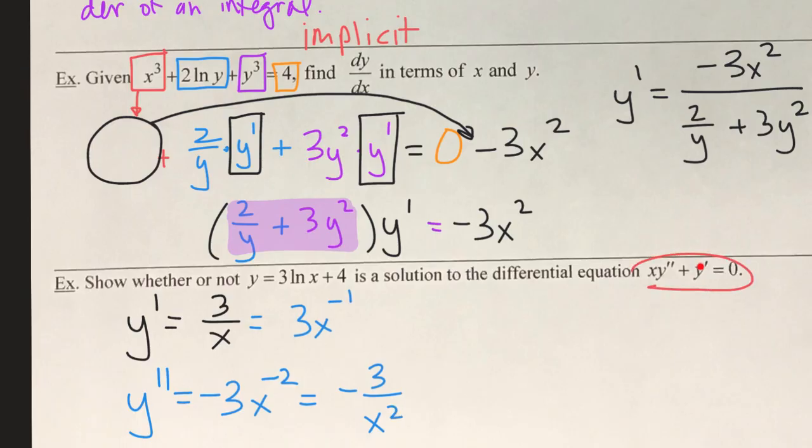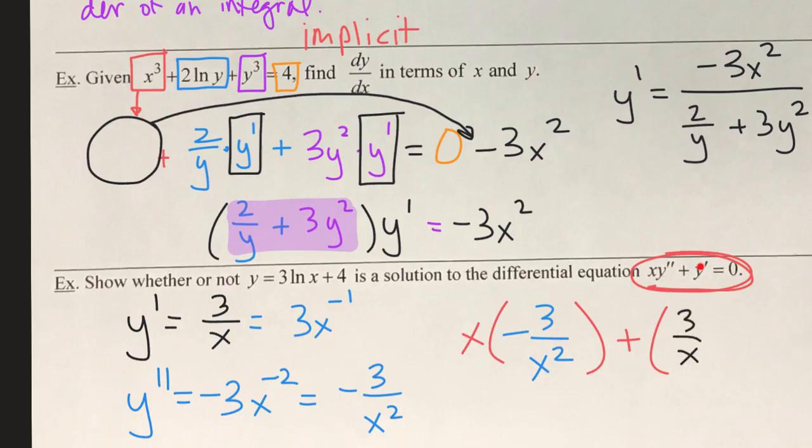So now let's come back to here. Is x times 3 over x, that's not y double prime, that's y prime. So x over 3 over x squared plus 3 over x. Does that in fact equal 0? That's what we want to find.